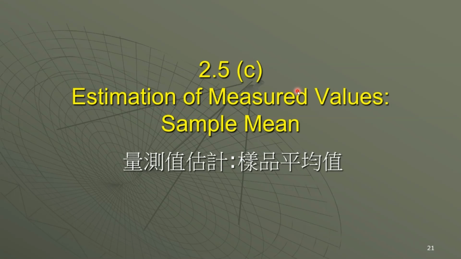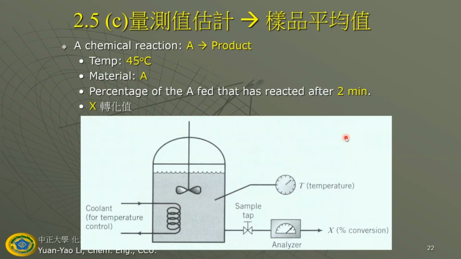Let's move to 2.5C, estimation of measured values. This is sample mean, average. This is a very easy experiment. You have a material A, you put the material A into this tank, and we want to transform it. This is a chemical reaction.